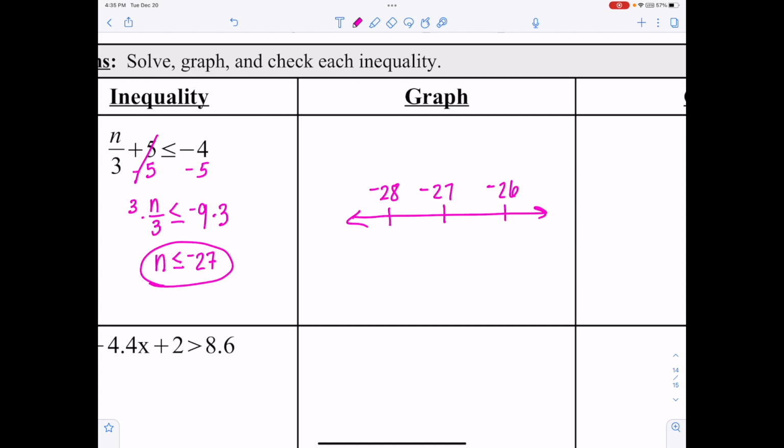Now let's go ahead and look and see if we have concrete. I'm going to change colors. I do have concrete, so I'm going to have a solid point. Okay, and then just read the variable. So I have n is less than. And so less than always is going to go to the left. So I'm going to go ahead and draw my arrow here. Okay, and I have my graph done.